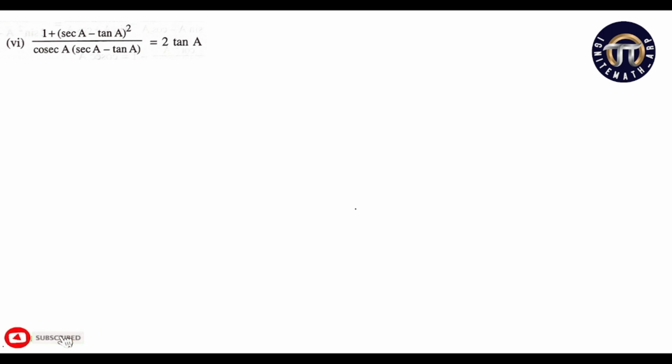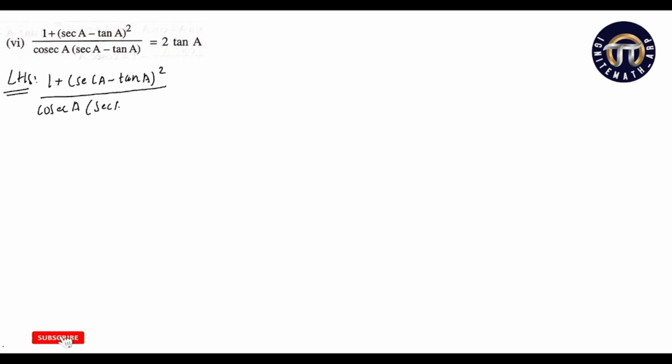Here in this question, observe the question carefully. The question says 1 plus secant a minus tan a, the whole square. Again I will take the LHS. LHS is 1 plus sec a minus tan a the whole square divided by cosec a, then sec a minus tan a. This is the LCM.